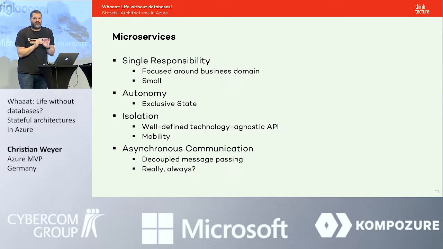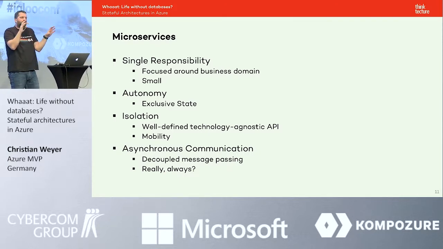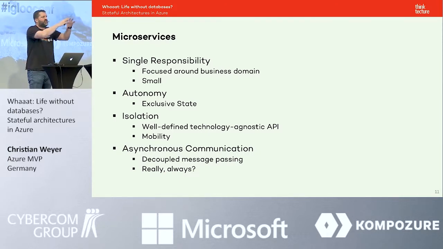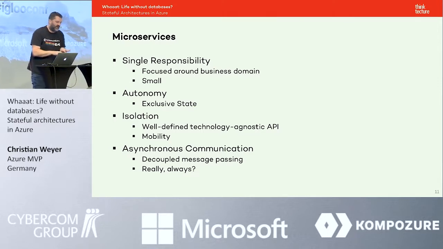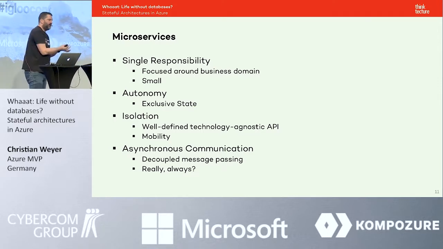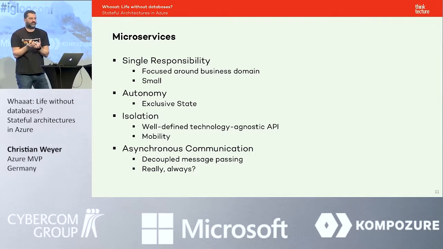And at the end, in order to really make the microservices mesh work correctly, we need to communicate between those microservices. And then often we want to have an asynchronous communication, a decoupled one, so that we can keep up with the autonomy and with the isolation.